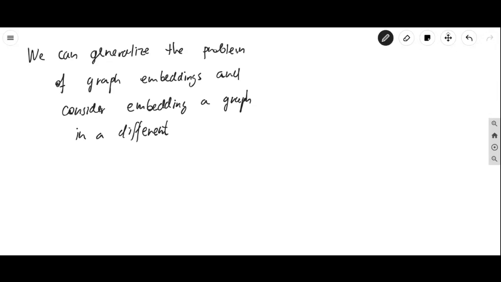So embedding the graph in the plane is equivalent to embedding the graph in the sphere. But we know there's many different kinds of surfaces. So let's talk about embedding a graph in a different type of surface. So for instance, we can talk about embeddings in a torus. Right? So let's talk about embeddings in the torus.